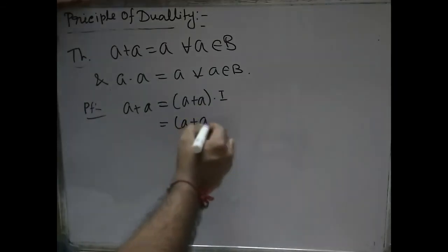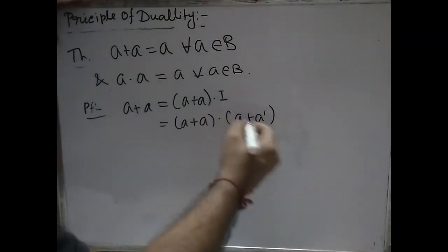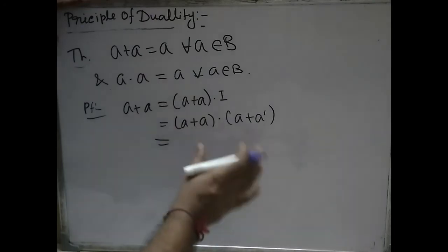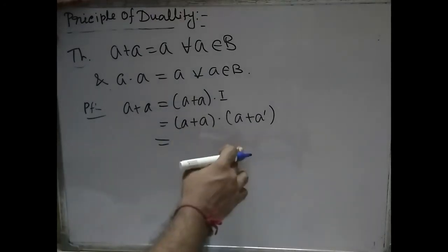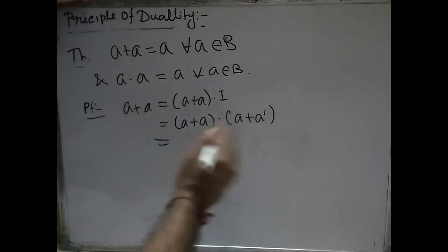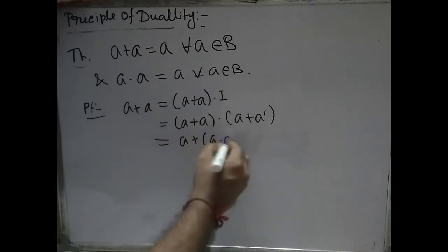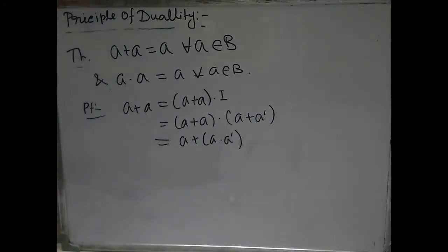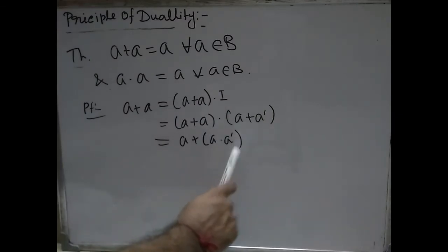So now I is equal to this, and we are applying the reverse distributive property. That will give a plus a dot a dash. Now if we apply the distributive property of plus over dot, then it gives this line.